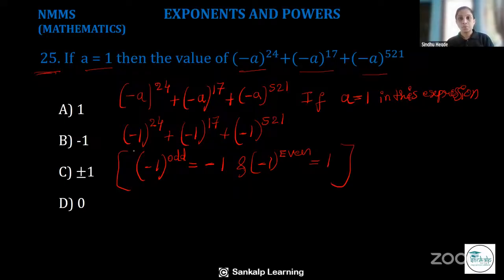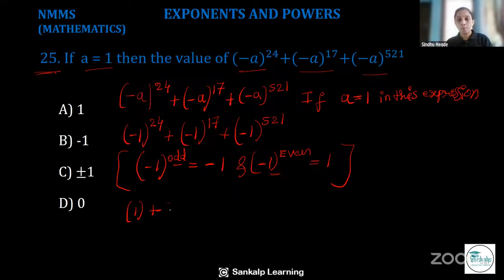Apply this here. Minus 1 raised to 24: 24 is an even number, so it is 1 only. Plus minus 1 raised to 17: 17 is an odd number, so the answer is minus 1.